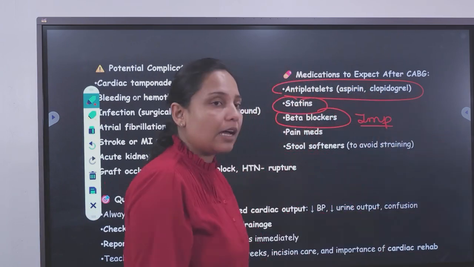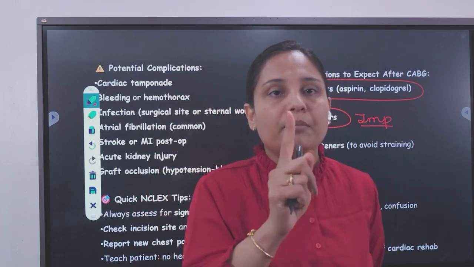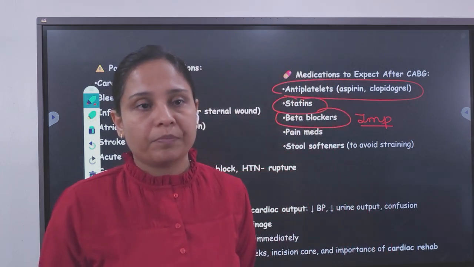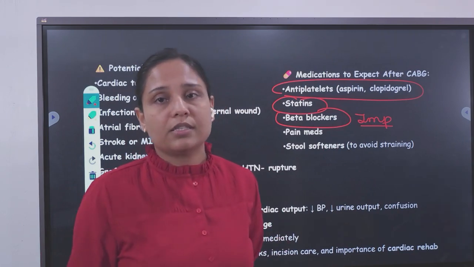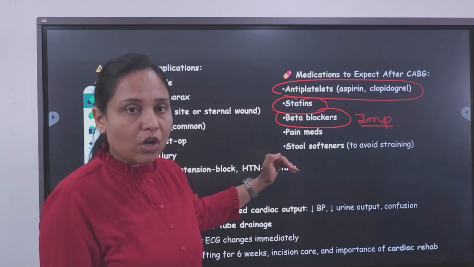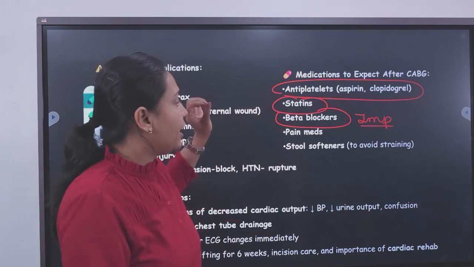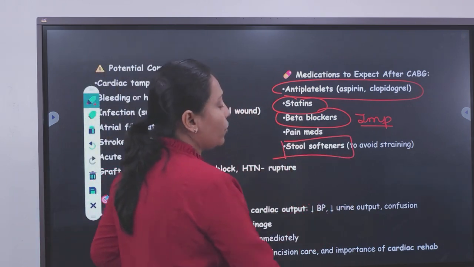Check the medication list for any medication. Once the patient has myocardial infarction, the patient is going to be on a beta blocker. Earlier the patient was not on a beta blocker, but after myocardial infarction, this is the medication the patient is going to be on. So beta blocker, statins for decreasing cholesterol, antiplatelet medication, pain medication, and this is very important, stool softener you are going to give to the patient.